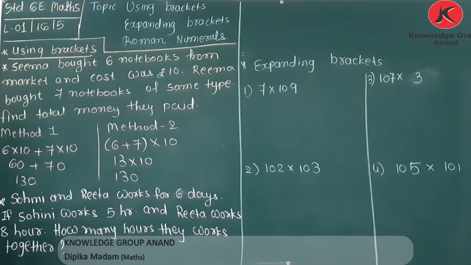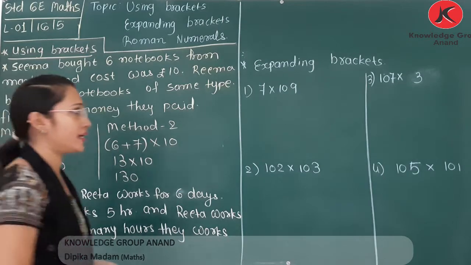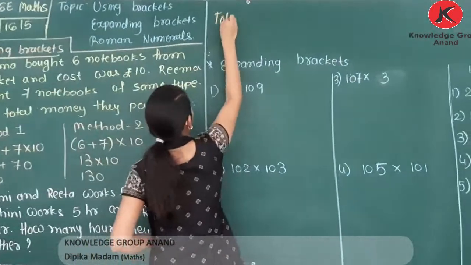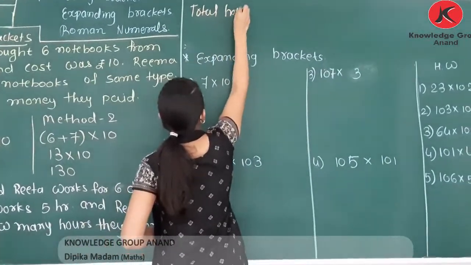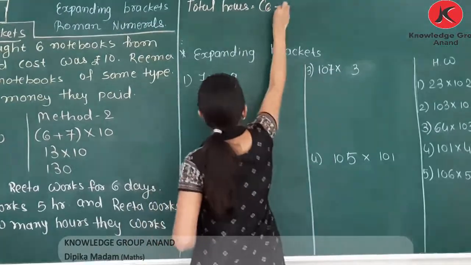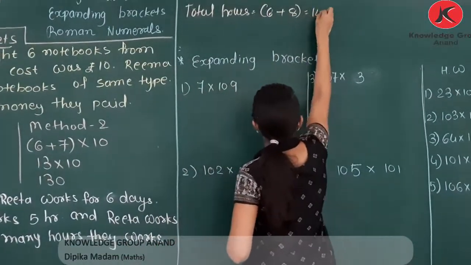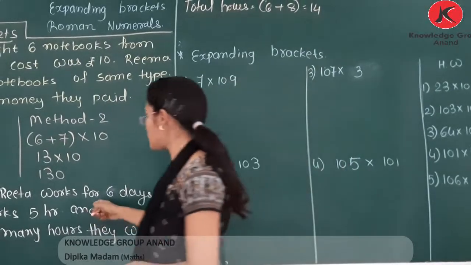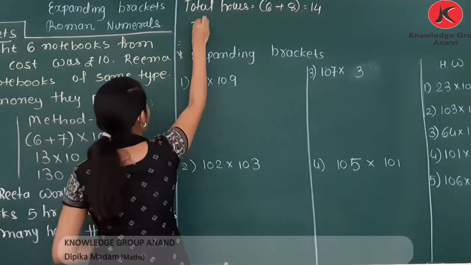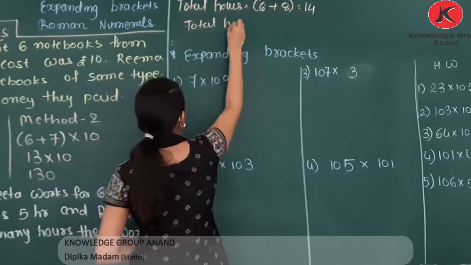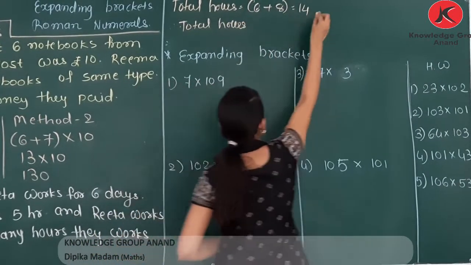Second example is the same. Sohini and Rita work for 6 days. If Sohini works 5 hours and Rita works 8 hours, how many hours do they work together? Means if we are using the brackets, total hours will be 5 plus 8, 13, and these are for 1 day.